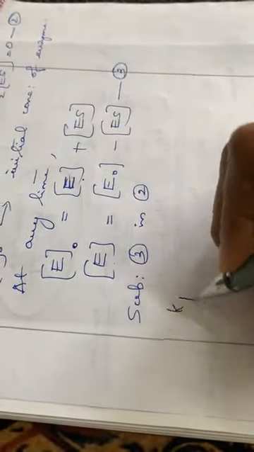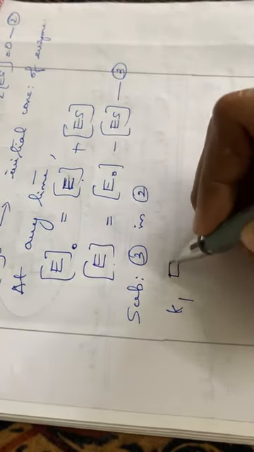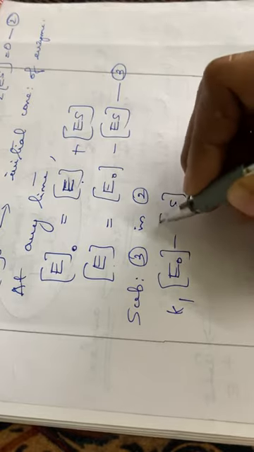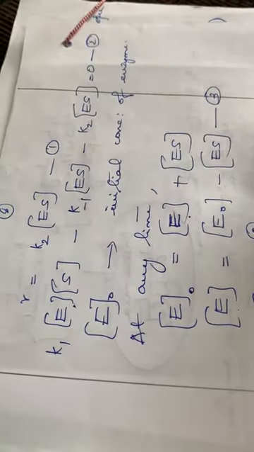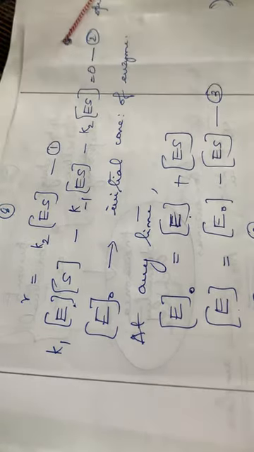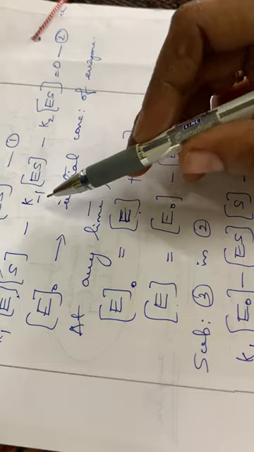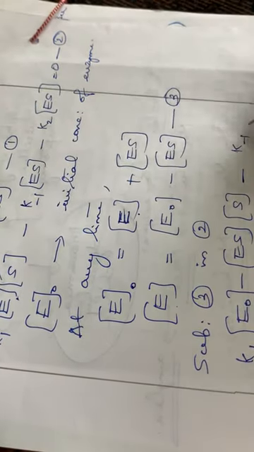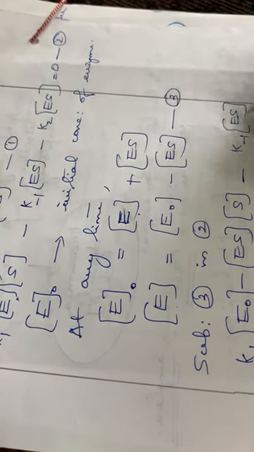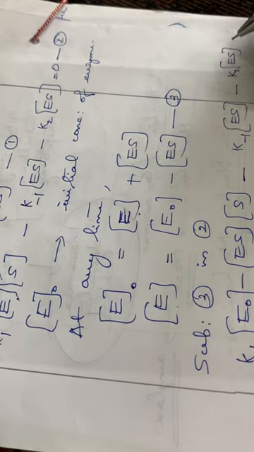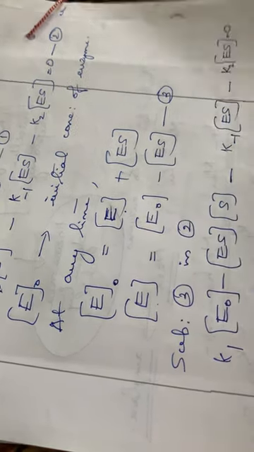So how will you substitute? That is K1 into, what is E? E is equal to concentration of E0 minus concentration of ES, into, again one S is there, into concentration of S, minus K inverse into ES minus K2 into ES, that is equal to 0.